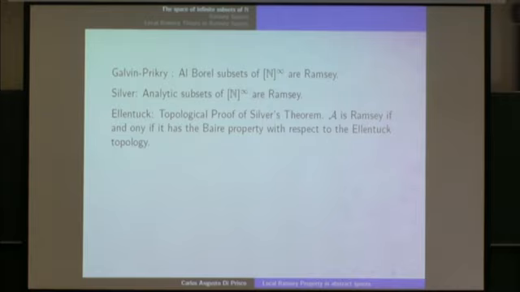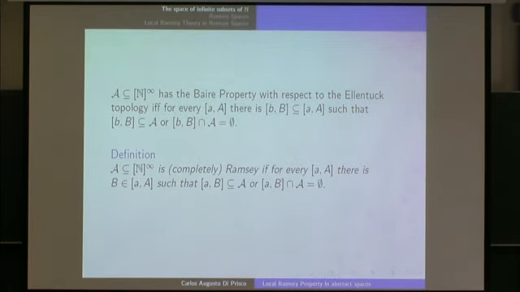Silver showed that analytic subsets have this Ramsey property, and Ellentuck gave a topological proof of this result by showing that a set has the Ramsey property, or is Ramsey, if and only if it has the Baire property with respect to the Ellentuck topology. So going back, Ellentuck showed that in this space these two properties are equivalent.